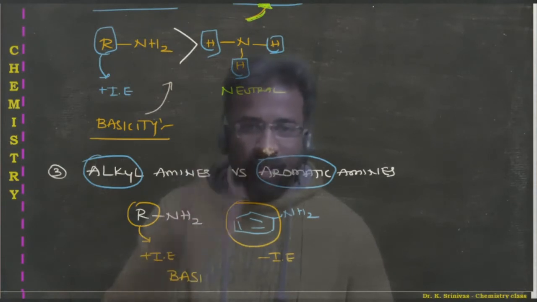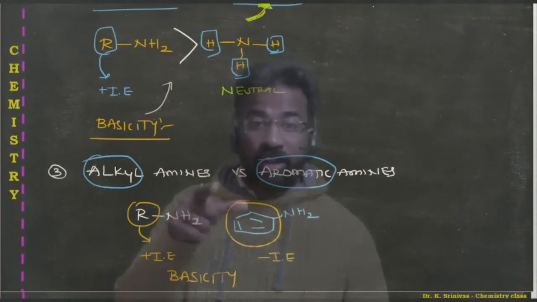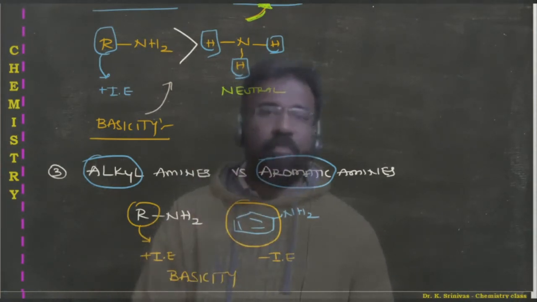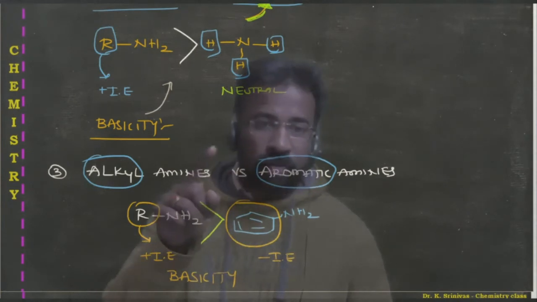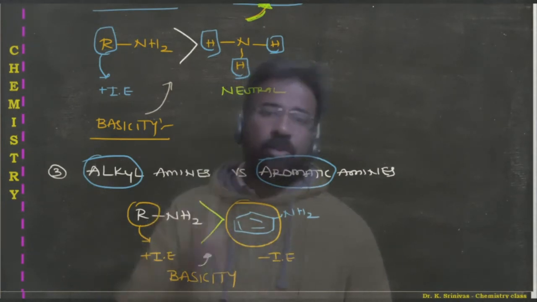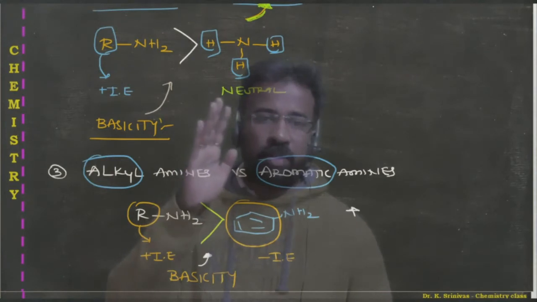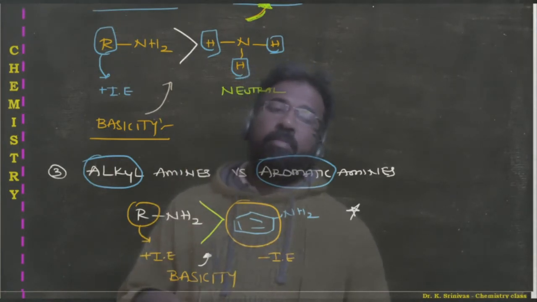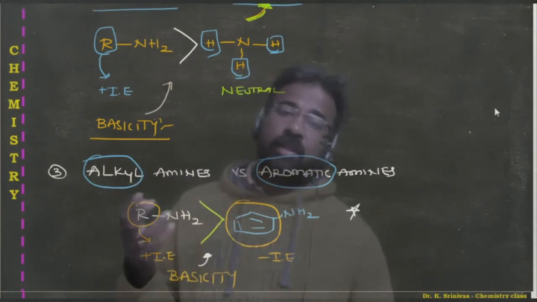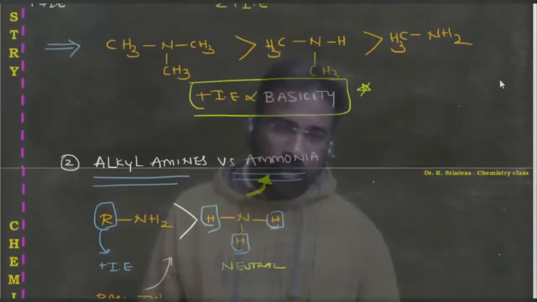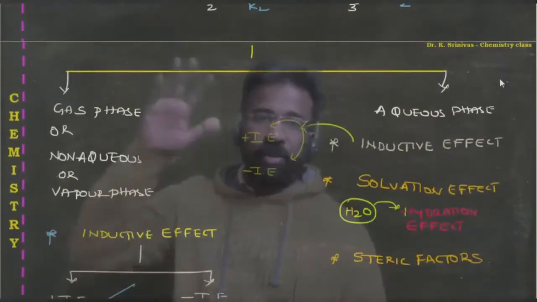Now I hope you can understand clearly that a plus inductive effect group increases basicity and a minus inductive effect group decreases basicity. Please keep that in mind. Therefore, alkyl amines are more basic than aromatic amines.